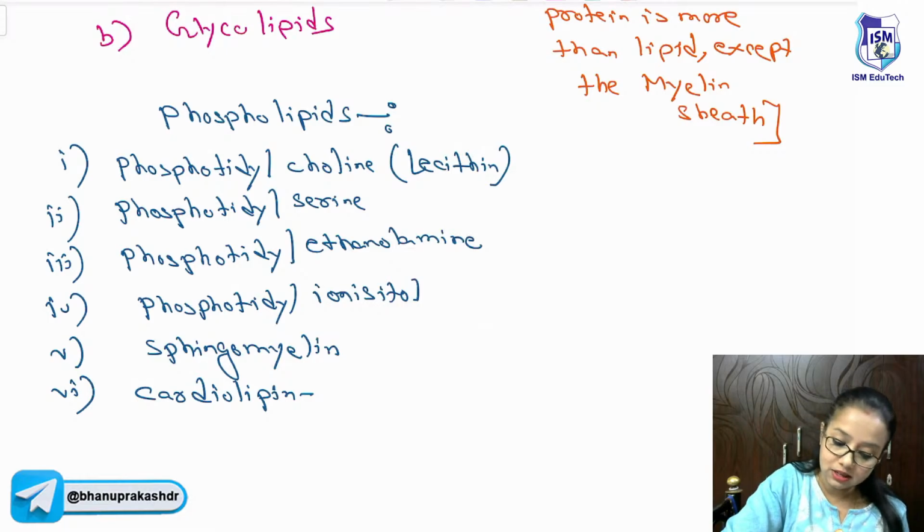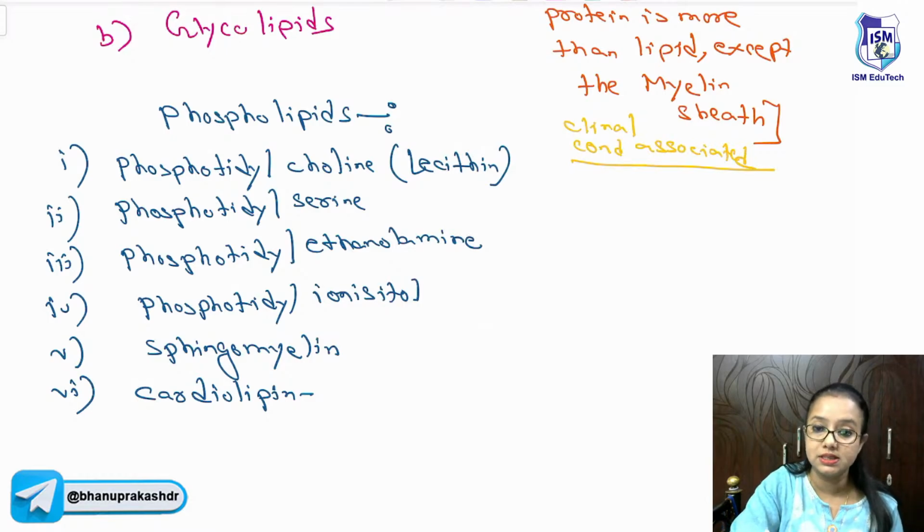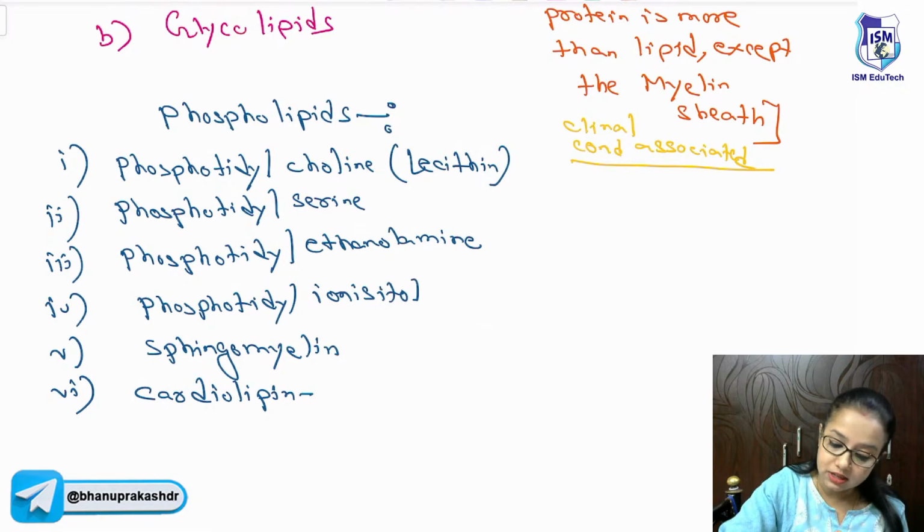So if lecithin is not adequate during pregnancy in the lungs of the fetus, it will lead to respiratory distress.